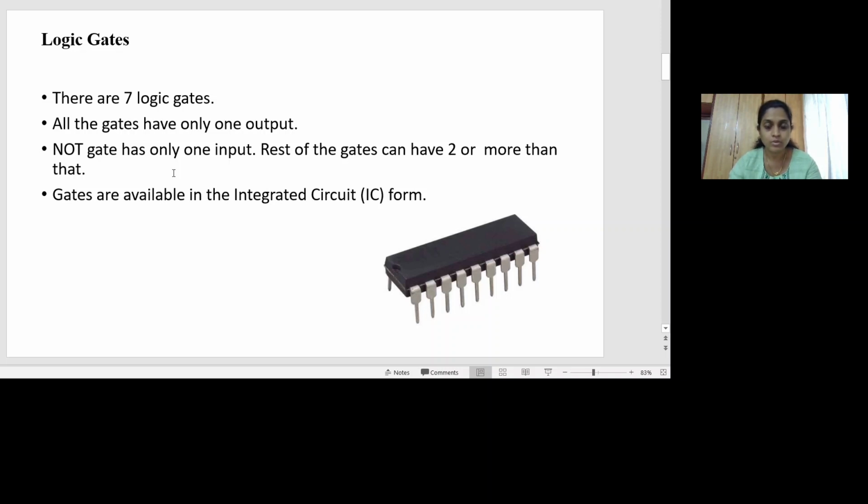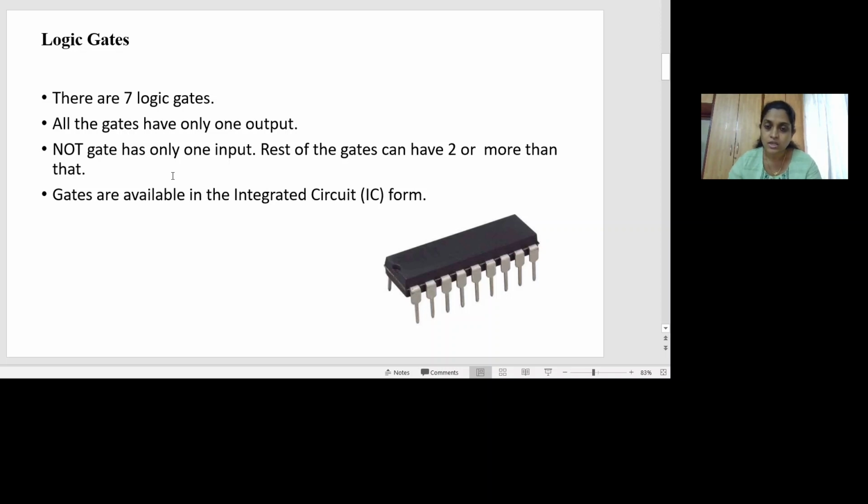The relationship between input and output of a logic gate is described in terms of logic equations, also called Boolean equations. So your Boolean equations will tell you the logical relationship between the inputs and the output of a logic gate.